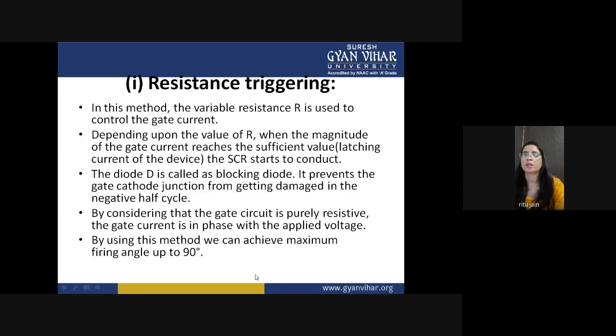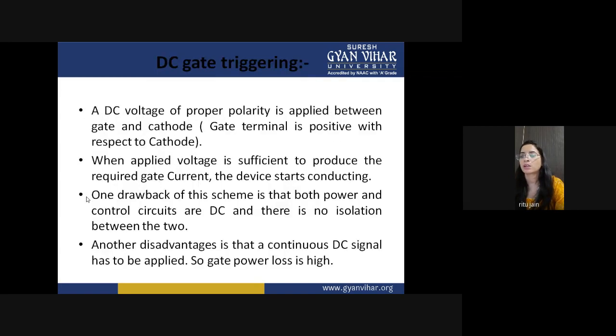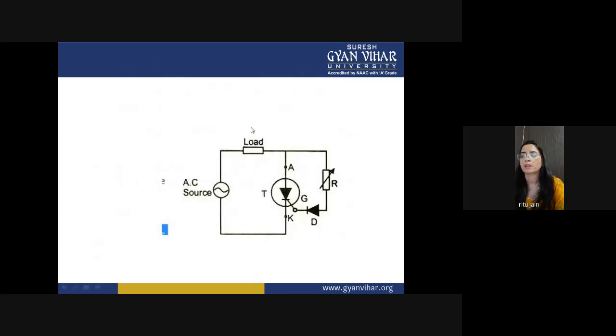See, this is a very important point, that the diode D is called your blocking diode. It prevents the gate cathode junction from getting damaged in the negative half cycle, because it will conduct only for positive half cycle. You can see in this diagram that when your load current is negative, it will not conduct.